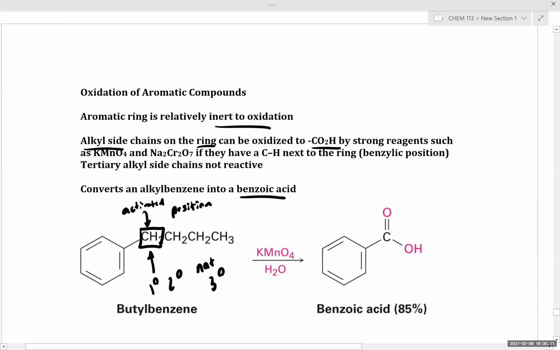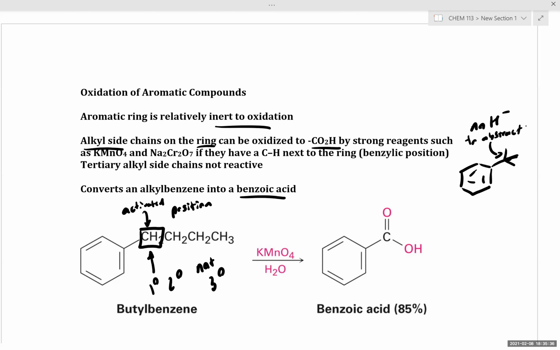Remember, oxidation typically deals with abstraction of a hydride equivalent. So if you have a tertiary position, then there's no H minus to abstract. So a tertiary alkyl side chain won't react.